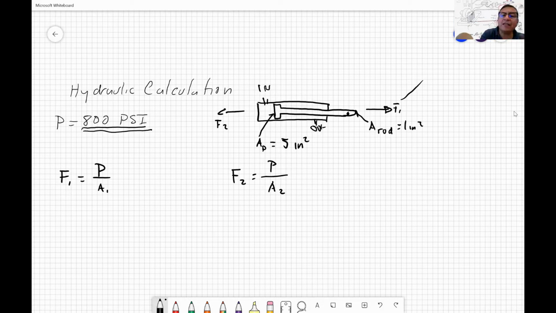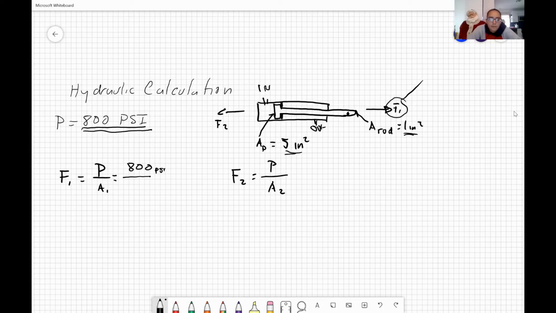Suppose that the area on the big side is 5 square inches and the area of the rod is 1 square inch. We are going to calculate the force number 1. The force number 1 is equal to the pressure times the area number 1. What is the area number 1? This is the big area, but I am trying to calculate force number 1, so I need to use this area.